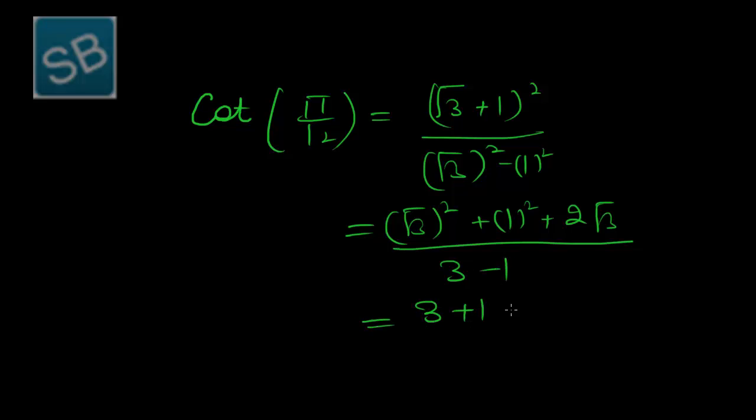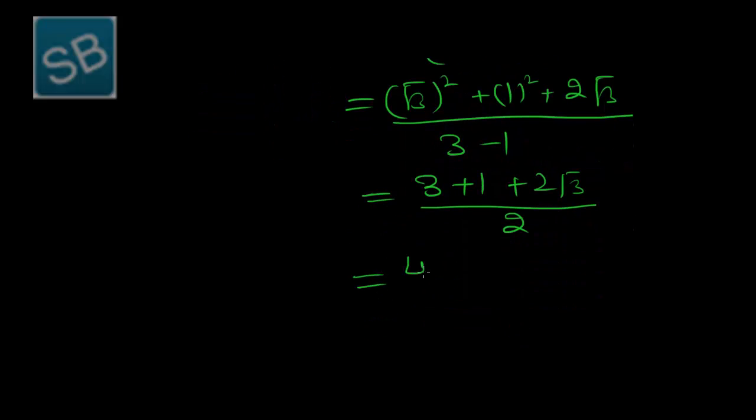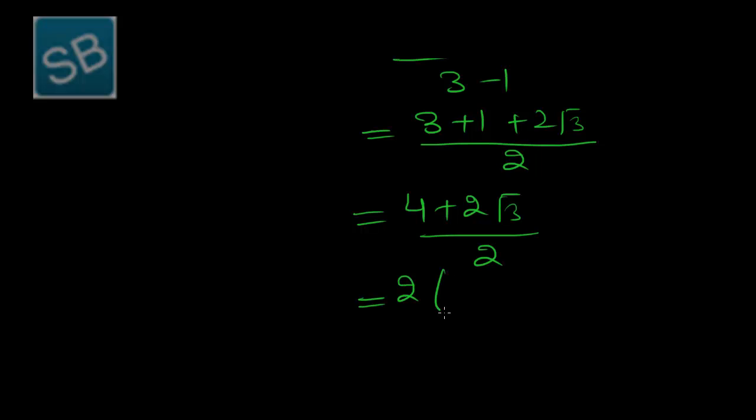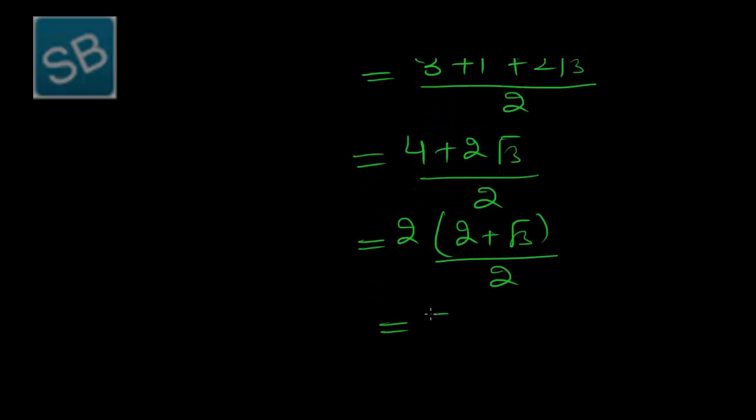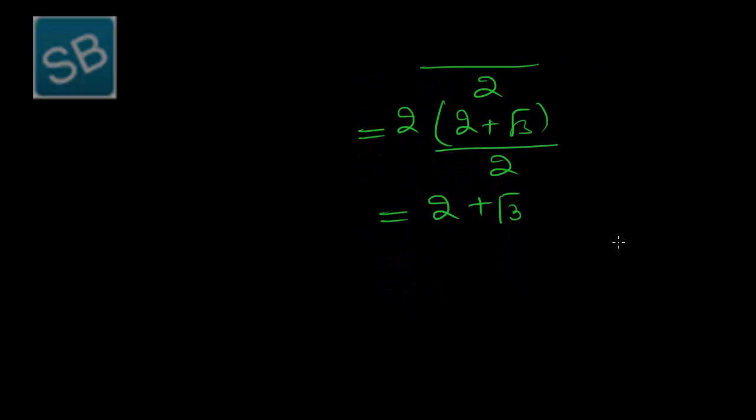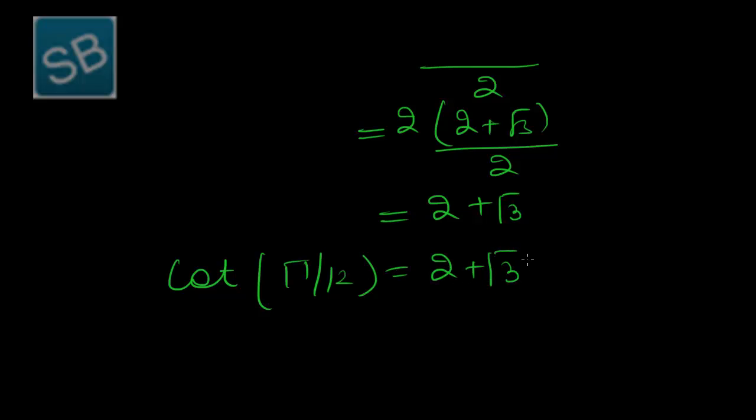So we get 3 plus 1 plus 2 under root 3 over 2, that is 4 plus 2 under root 3 over 2. Taking 2 common, we get 2 plus under root 3 over 2, so we get 2 plus under root 3. Therefore the value of cot pi by 12 is 2 plus under root 3.